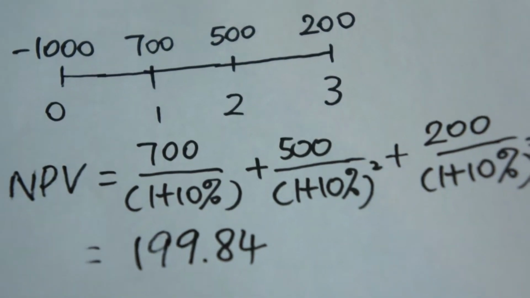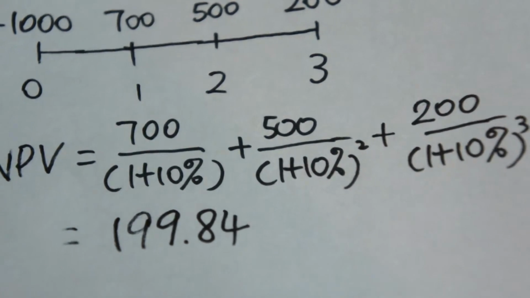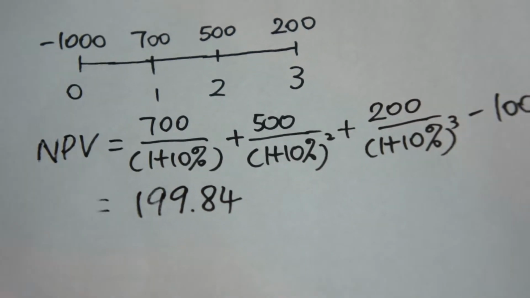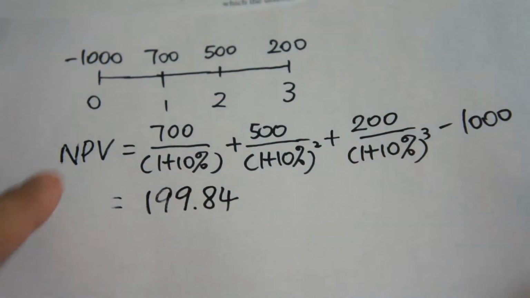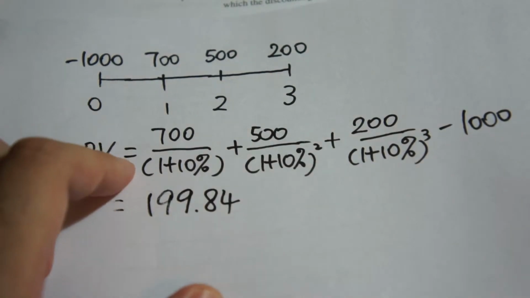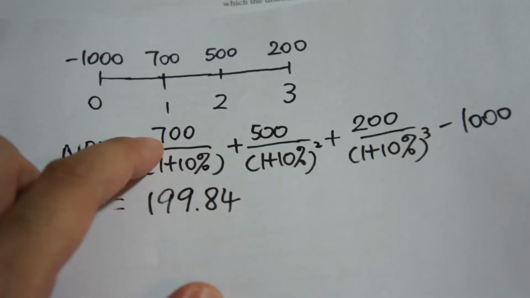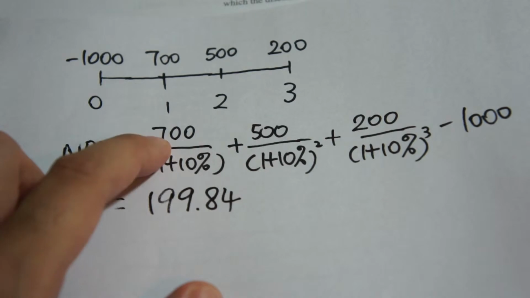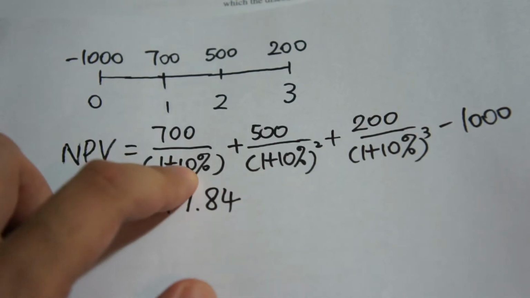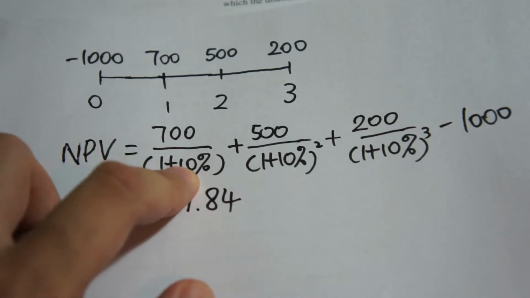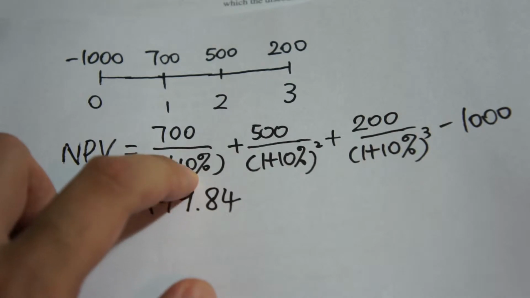For the next part, if you want to calculate using a calculator, you can see the formula here. We use the concept of the present value of a sum. 700, we divide by 1 plus 10%, because 10%, as you can see in the question, is the annual interest rate.